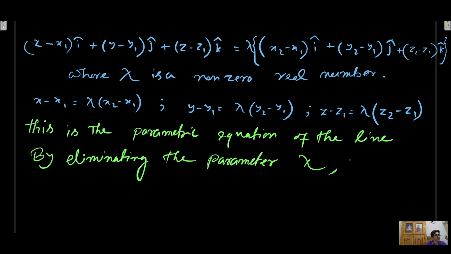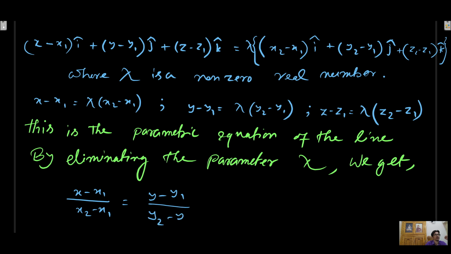We get (x minus x1) by (x2 minus x1) equals (y minus y1) by (y2 minus y1) equals (z minus z1) by (z2 minus z1).